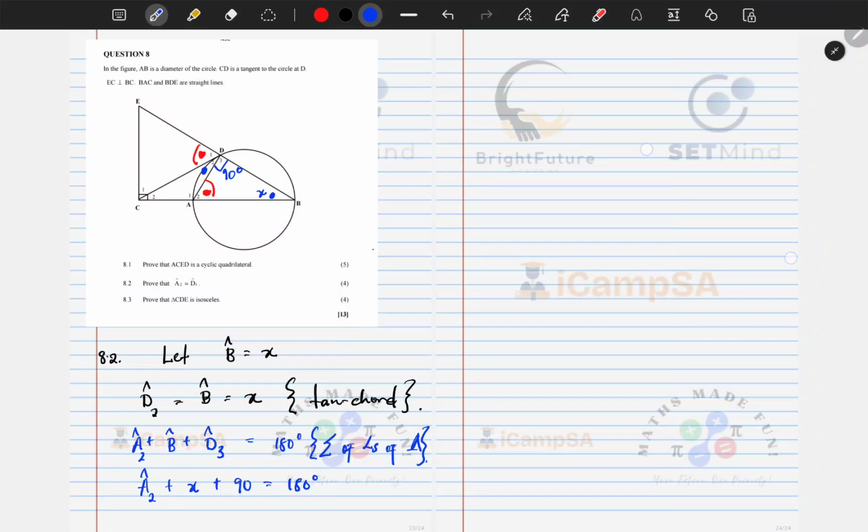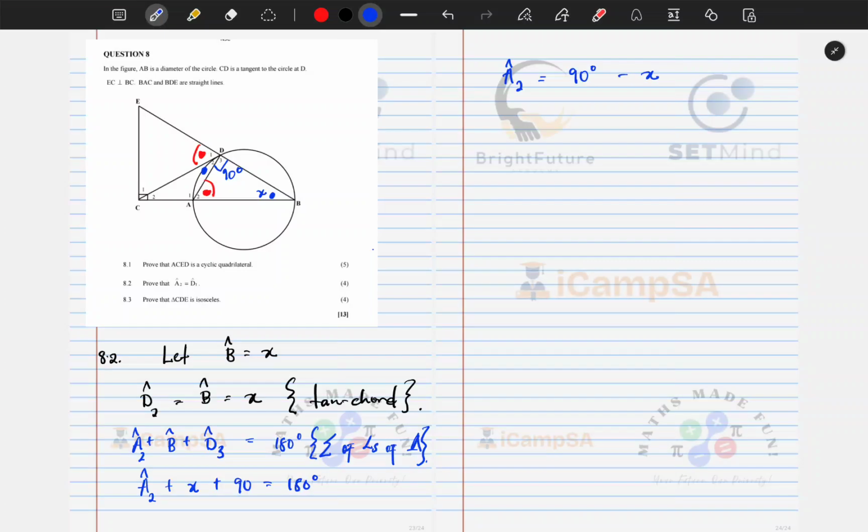So your A2 is going to be 90 minus X, because when we transpose, it's going to be 180 minus 90 minus X. So now we have A2.